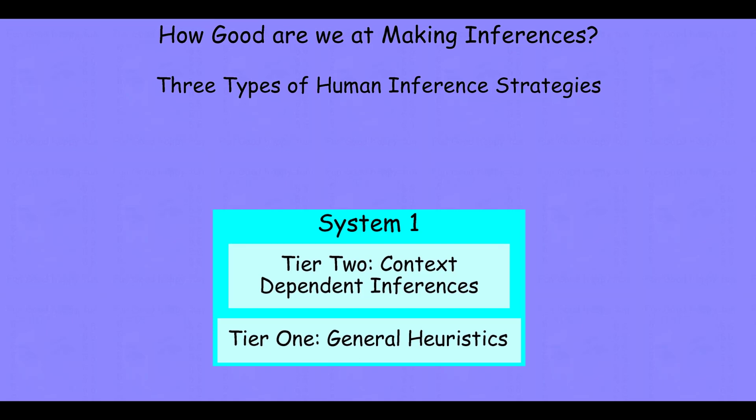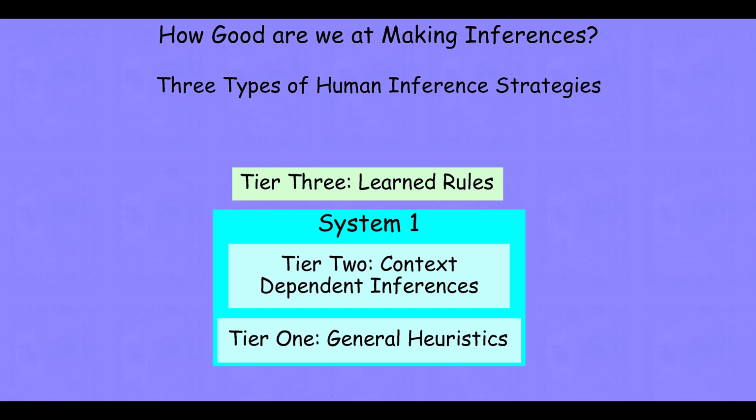What they're saying is that these strategies, the context-dependent heuristics and the general heuristics, all share a general approach to processing information, to make inferences, and to make decisions. And so they're grouped together because they share a common profile of how they approach the inference or decision-making process, the sorts of information that they utilize, and the kinds of transformations that they make.